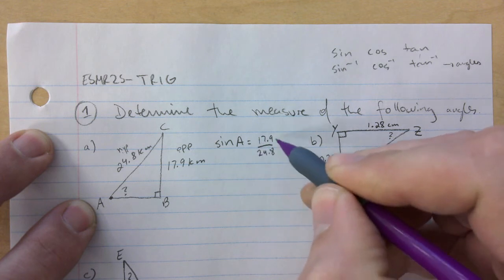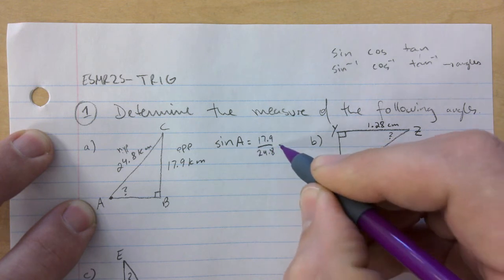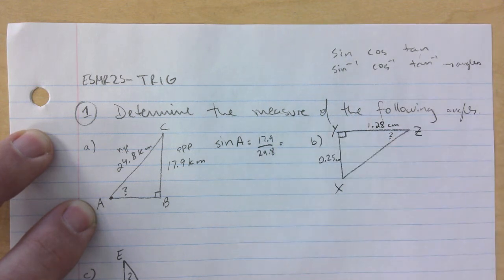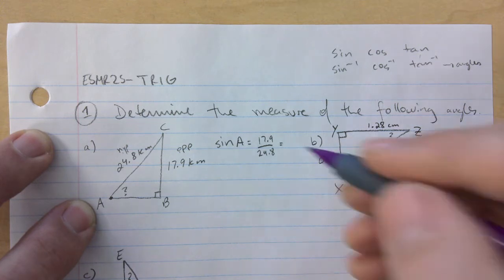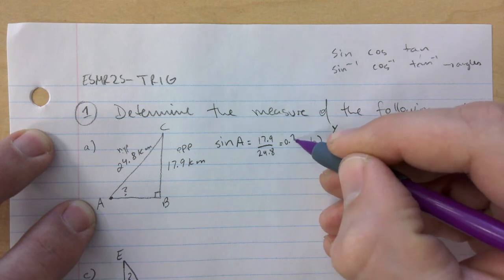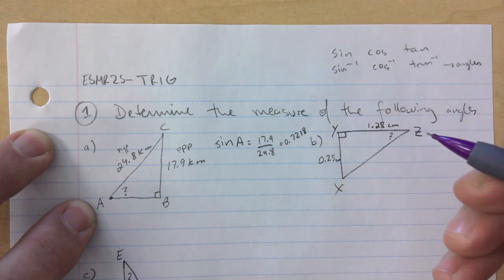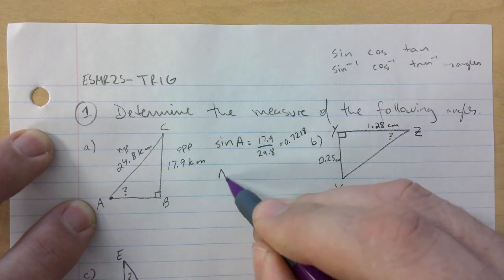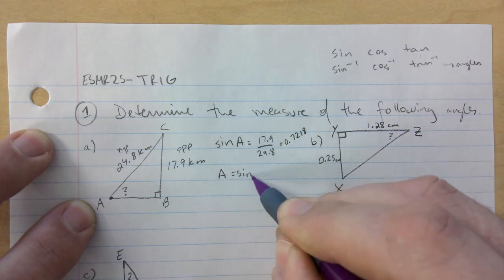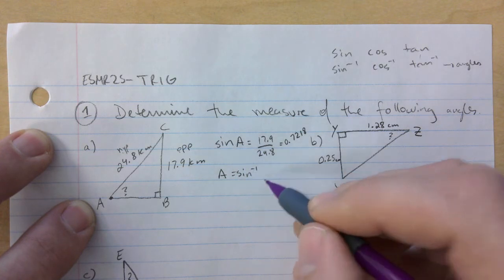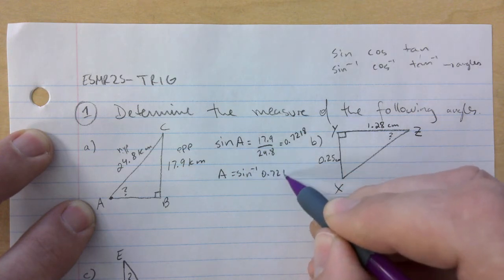We turn that into a decimal, right? And I'm kind of running out of space there. We want to make sure we use 4 decimals at least. 0.7218. So to get A, we will have to go sine inverse because we started with sine 0.7218.